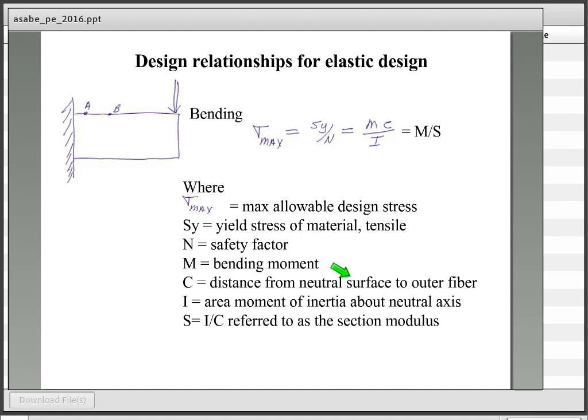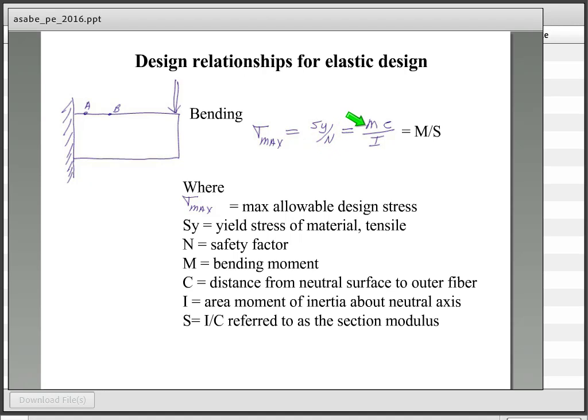So, for example, here we would remember that the maximum stress that you would want to design for in bending would be the yield stress divided by your factor of safety. This is considering static loading now.